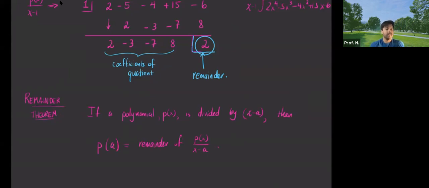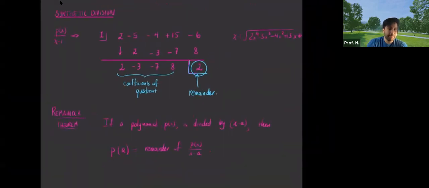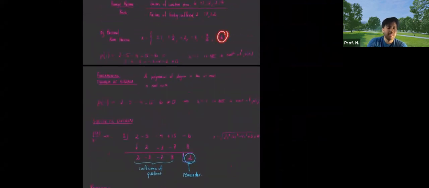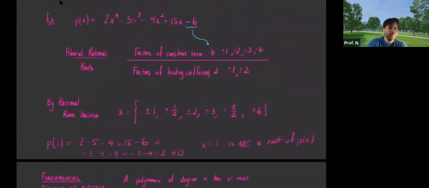That's right, Sam. That's the whole point of all of this. The point is that, for example, if I wanted to test whether 6 was a root, the straightforward way is to plug in 6 into my polynomial.